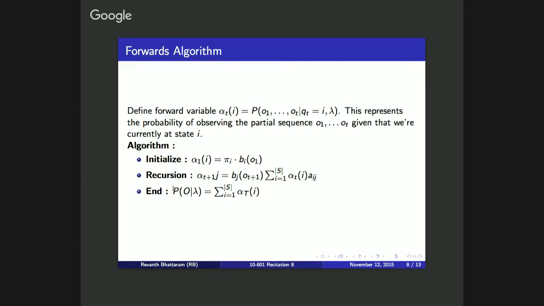Essentially, you have some possible events where you could end up in I or J, so these are disjoint events, and you just sum those up. It's like a union probability. What is the probability that I see this observation sequence and end up in state I or state I plus one, either state 1, 2, 3, up to S?